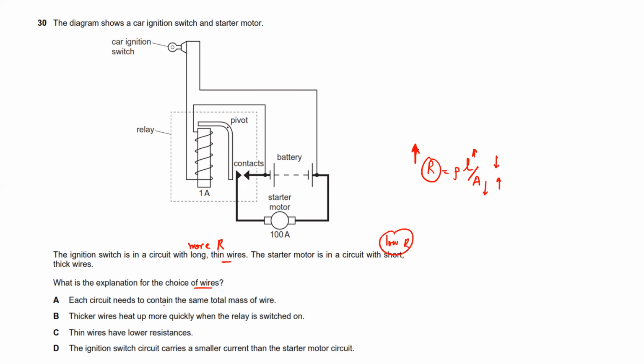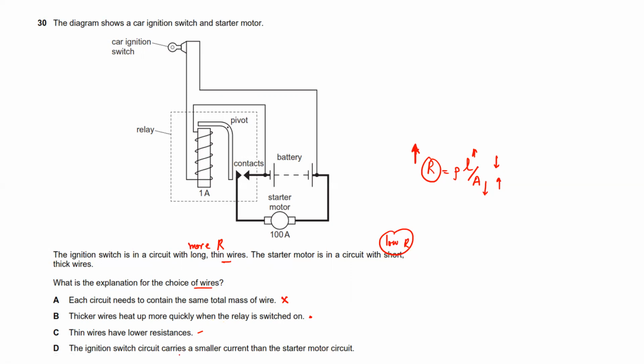Let's see. Each circuit needs to contain the same mass of wire. No, that has nothing to do with it. Thicker wires heat up more quickly when the relay switch is switched on. We can see the thick wires have a low resistance, so yes, this is true. But what is the explanation for the choice? The ignition switch carries a smaller current than the starter motor.